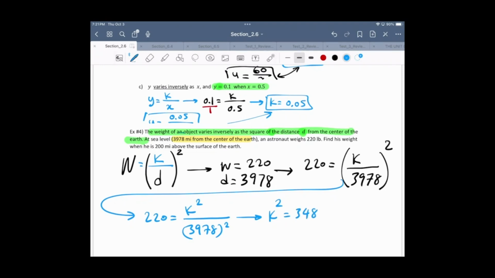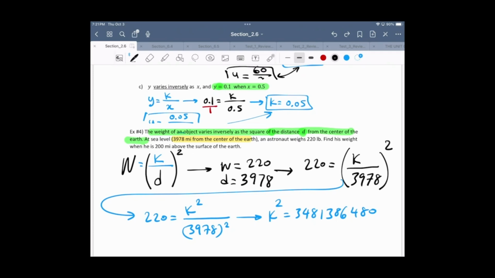Make sure you do this on your own calculator to double check these numbers that I have. And if you find any discrepancies, please let me know. And we have that as k squared, right? So what is k then? K would be the square root. So we have to take the square root of both sides. And because we're talking about a constant of variation, we're going to take the positive value.